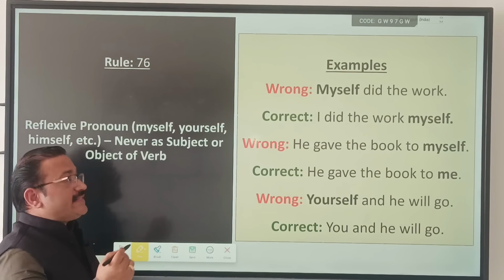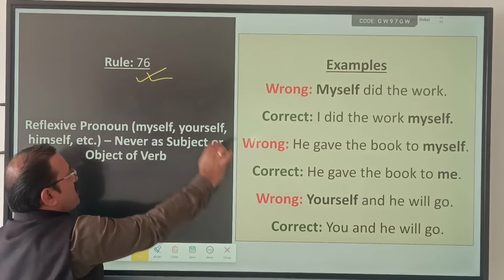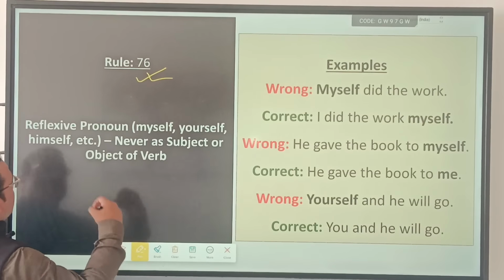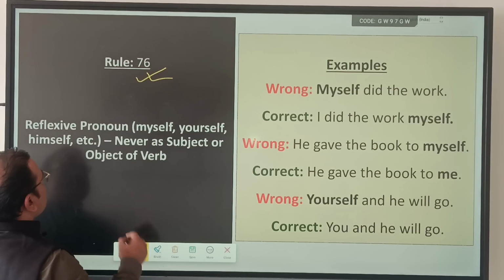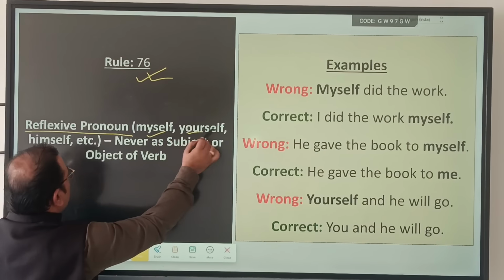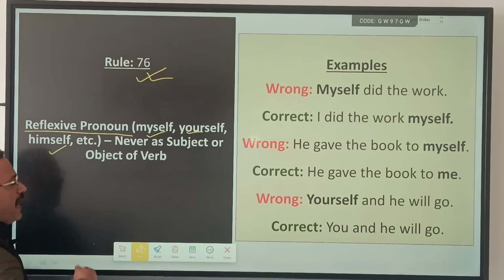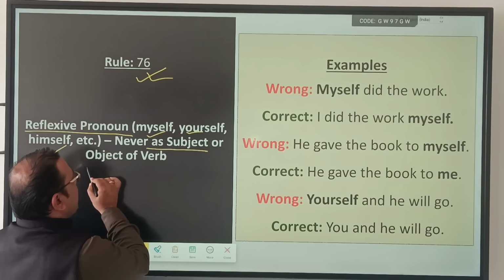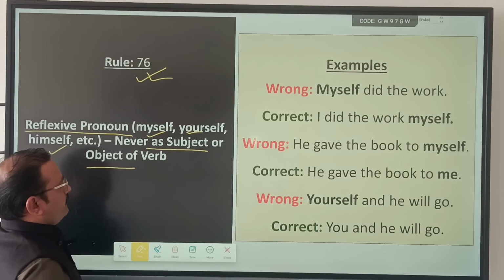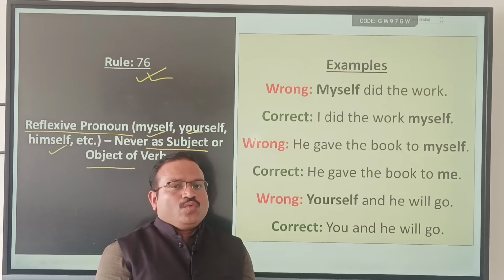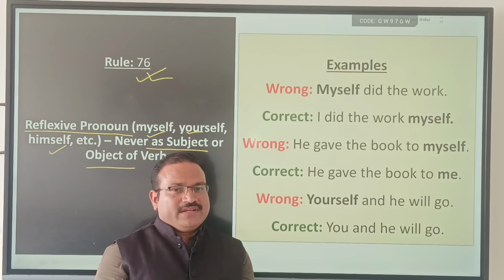So this is rule number 76 and the first rule from the topic pronoun. The first rule of pronoun says reflexive pronouns, myself, yourself, himself, herself, ourselves, themselves, can never be used as subject and object of the verb. First, let us understand what are reflexive pronouns.